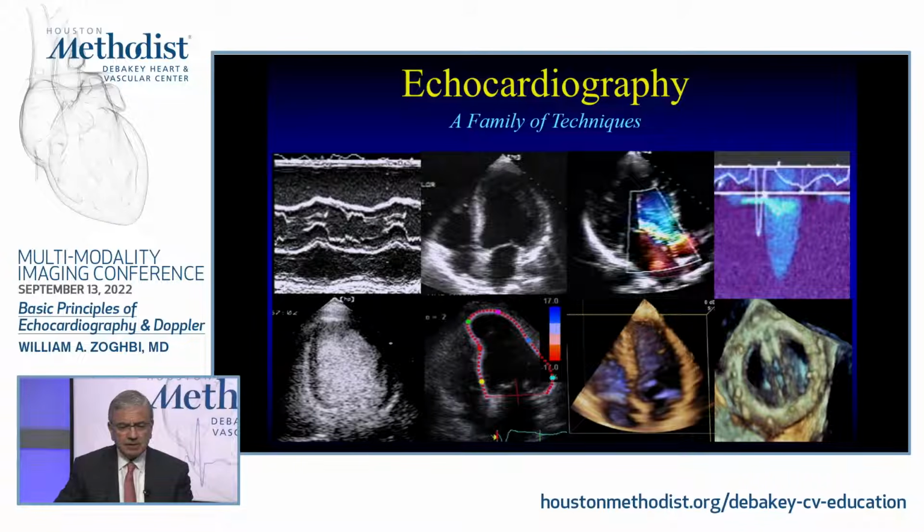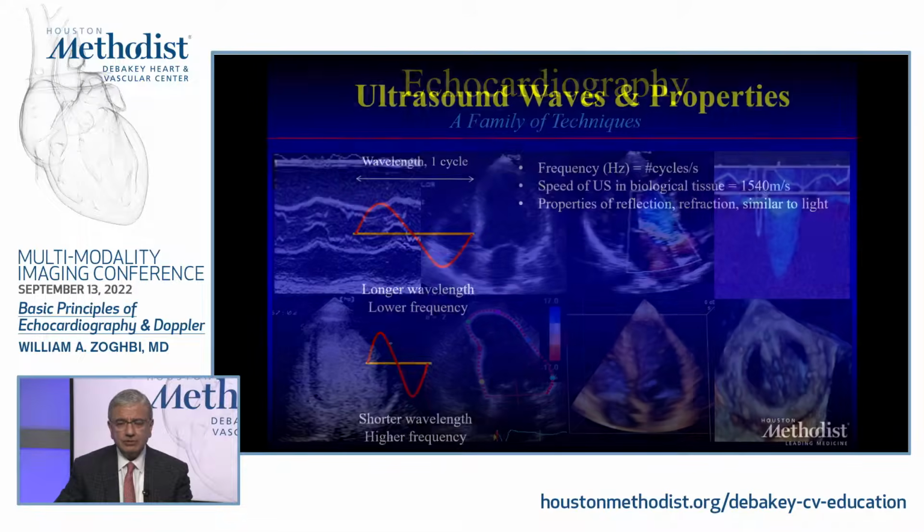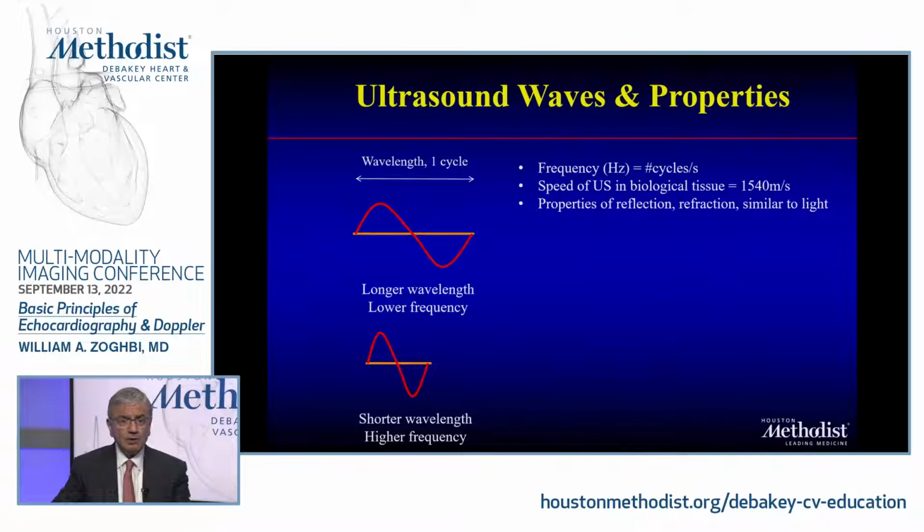So yes, things have improved so much from A mode, M mode, 2D, 3D, and various Doppler techniques, and some of the processing of this, which is strain and strain imaging, and the addition of contrast. So what we're going to go through, rather quickly, is the principles of this.